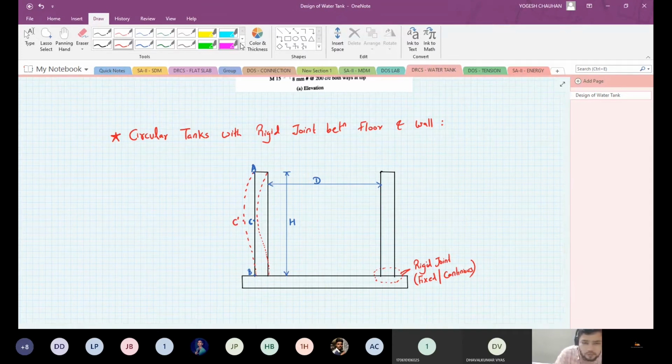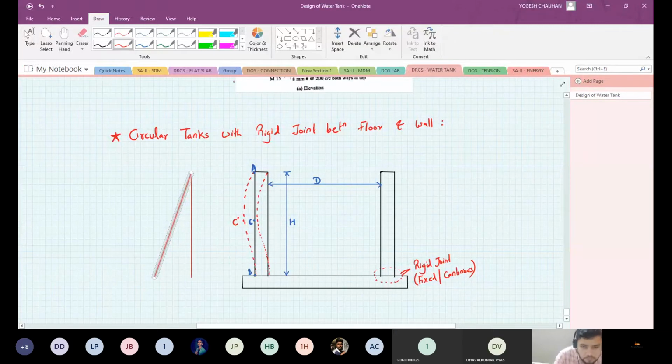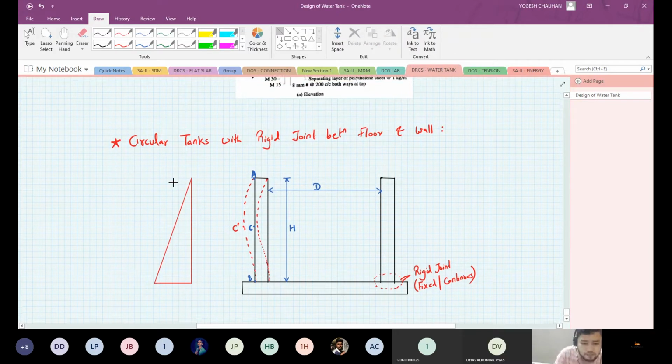Now, if you see the pressure diagram for this tank, it will be triangular with maximum pressure at the base.